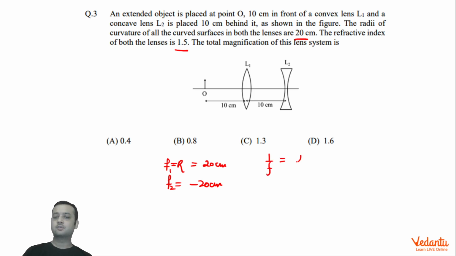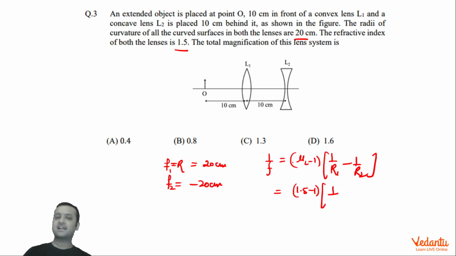1 by f is equal to mu of lens minus 1 into 1 by R1 minus 1 by R2. This is the lens maker formula. So for the convex lens, mu L minus 1 will be 1.5 minus 1.